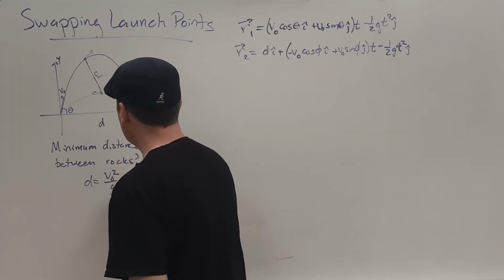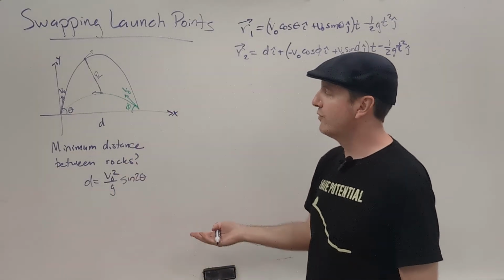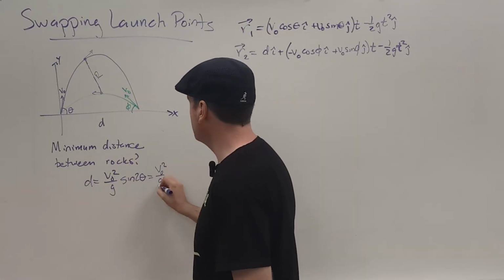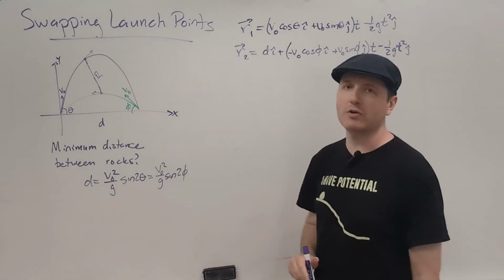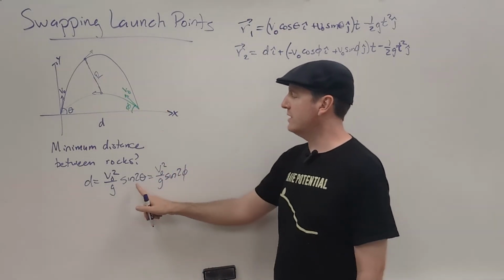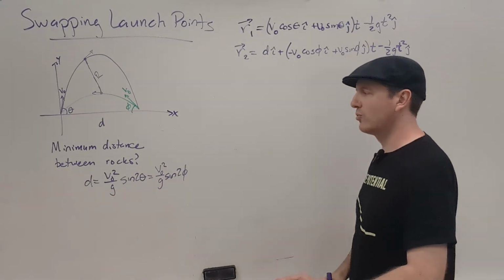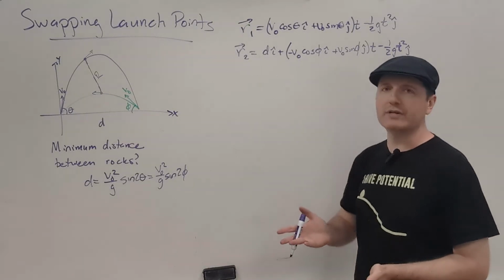Remember that that's going to be v naught squared times the sine of twice the launch angle over g. But of course, that's the same as v naught squared over g times the sine of 2 phi for the other guy. They both go the same total range. And what this tells us is that the sine of 2 theta equals the sine of 2 phi. In other words, theta and phi have to be complementary to each other.